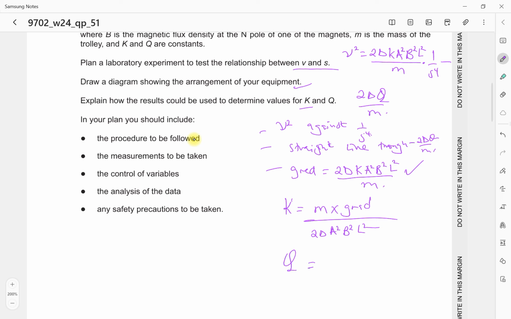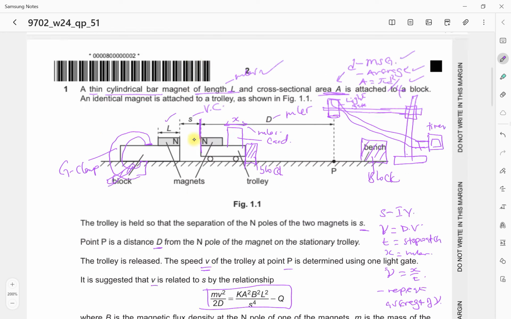And then q will be found from the y-intercept. Because the y-intercept is negative 2dq over m, q is going to be m times the negative y-intercept, then divide by 2d.